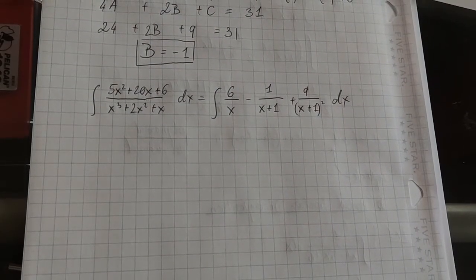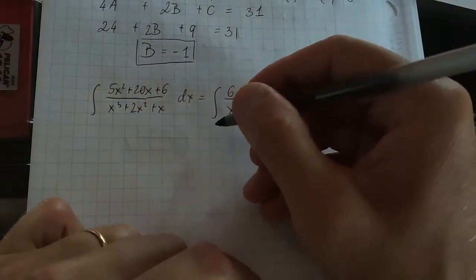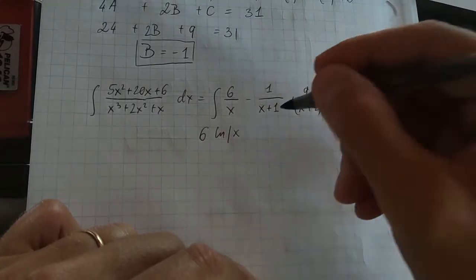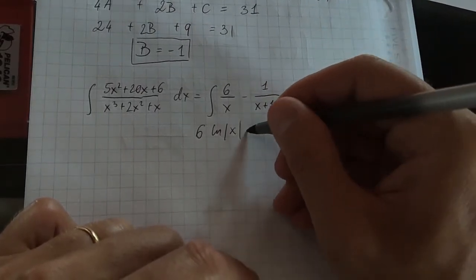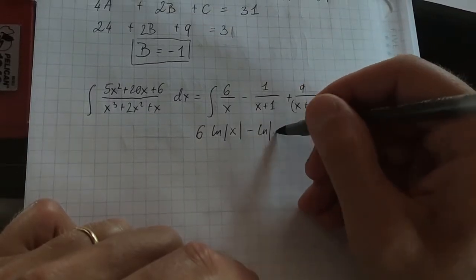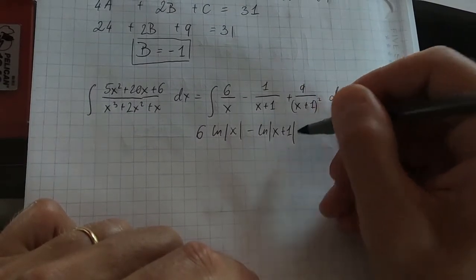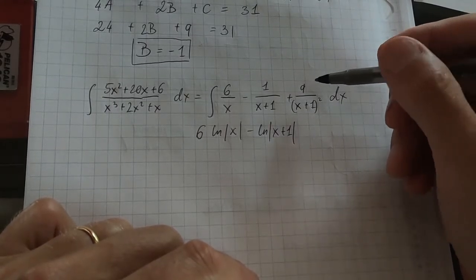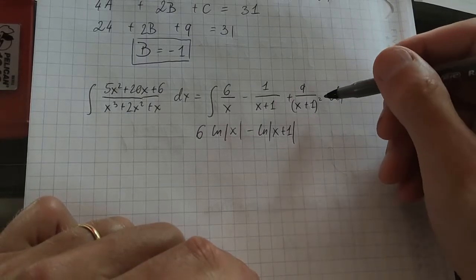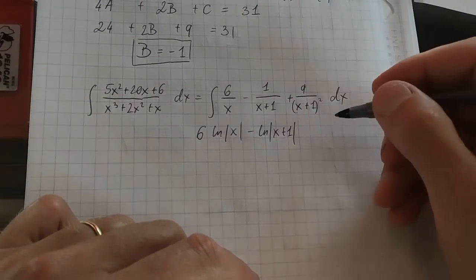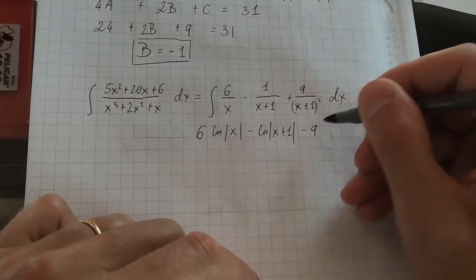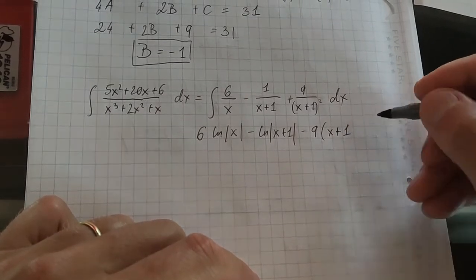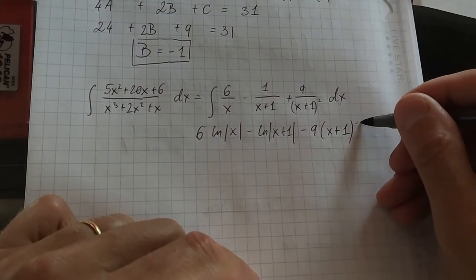Okay, so I'm going to have 6 natural log of x minus natural log of the bottom, and the last one we just use the power rule, right? So 9 times x plus 1 to the negative 2 power, so we're going to end up with negative 9 times x plus 1 to the negative 1 power.